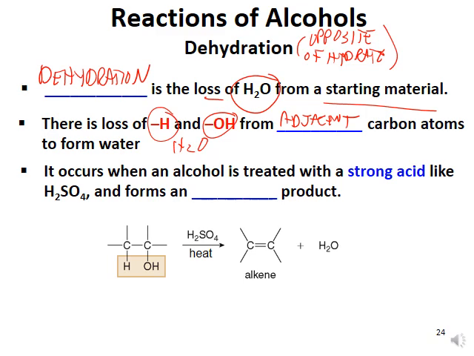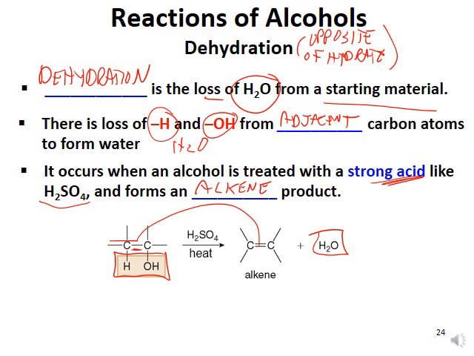This occurs when an alcohol is treated with some strong acid like sulfuric acid, and it forms an alkene product, forms a double bond. So this water jumps off here, we form the double bond, and water is one of the products. Don't forget that when you dehydrate an alcohol, water is a product as well as an alkene.